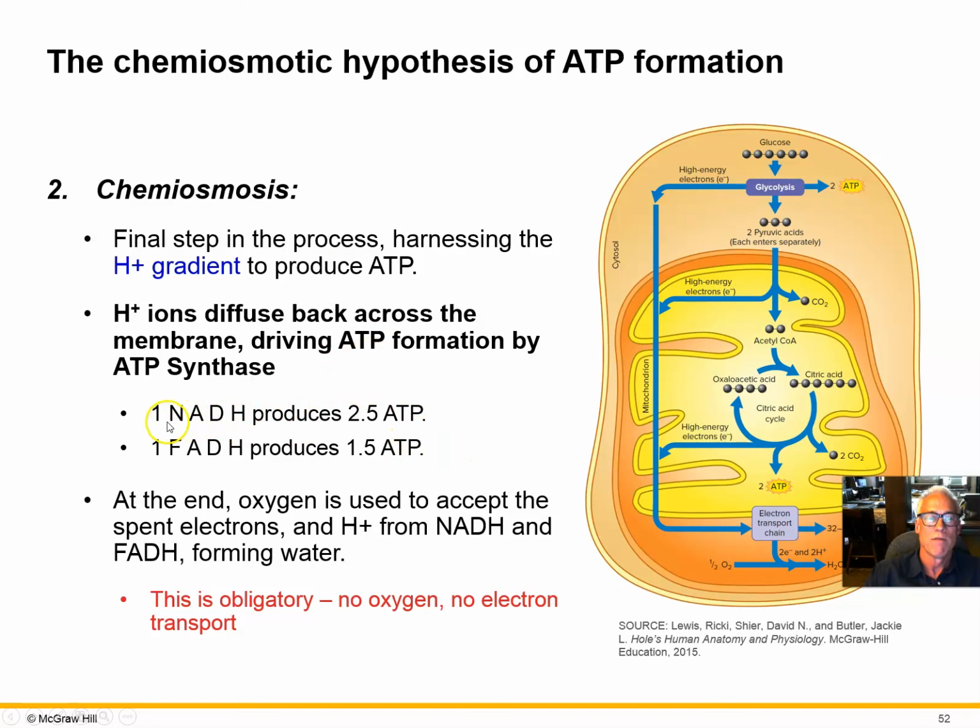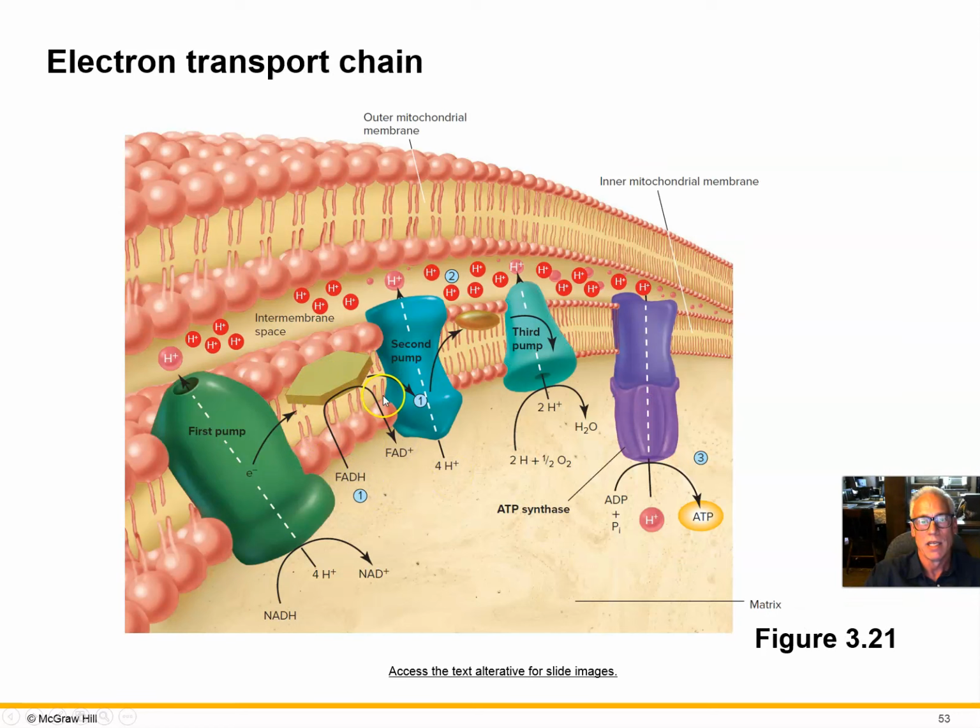And the equivalent is that for every NADH, every pair of electrons from NADH, we get 2.5 ATPs from it. And for every FADH's pair of electrons, we get 1.5 ATPs from it, right? Because the FADs are coming in a little later. 2 pumps are going to be activated by FAD electrons. 3 pumps are activated by NAD electrons.